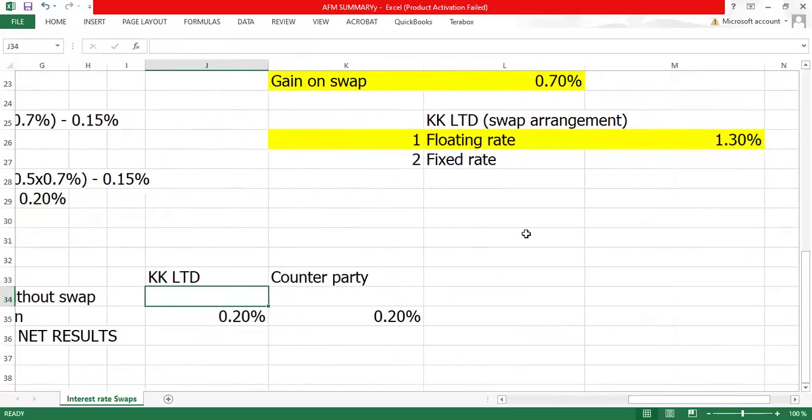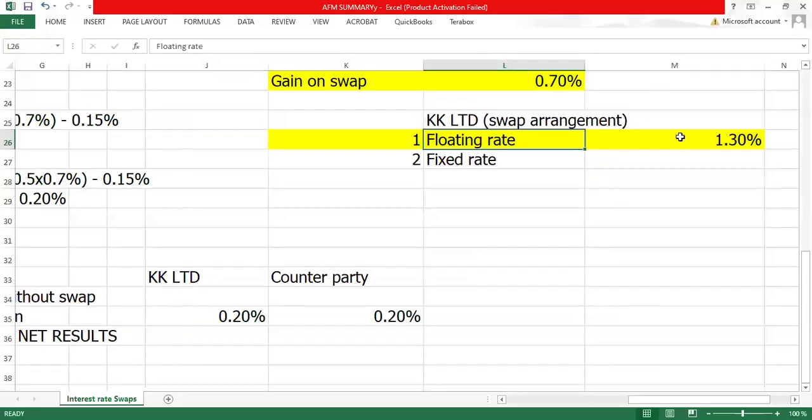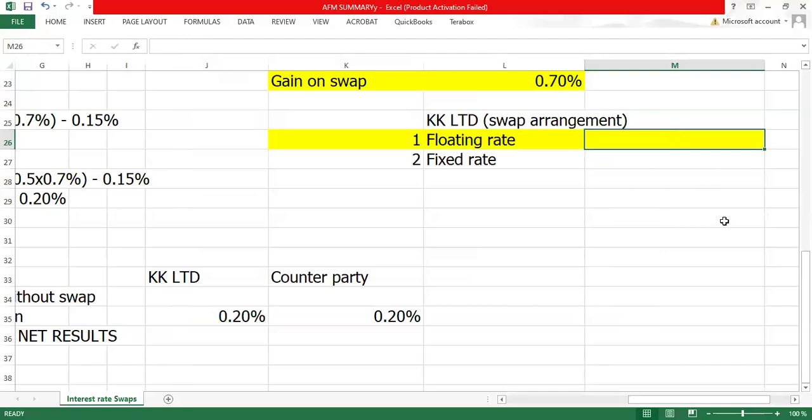This floating rate will be used when we are handling the net result with swap. Here you benefit more. Okay.